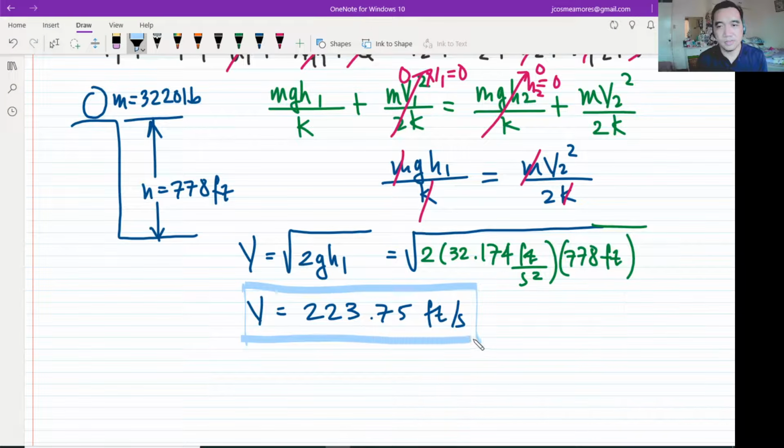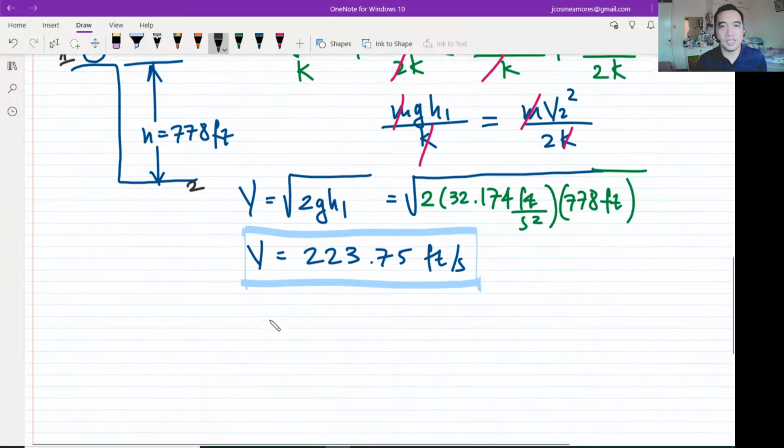And then what is the kinetic energy as it reaches this point? We have point 1 here, the point where it is resting, and point 2 where it falls down. What is the velocity at point 2? That is 223 feet per second. What is the kinetic energy?